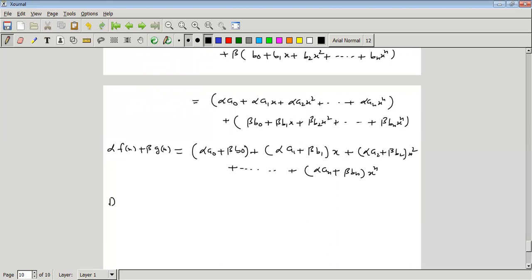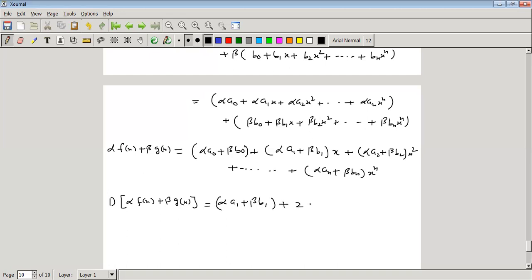If we apply the operator D on alpha f of x plus beta g of x, what is the output of this? We get the first term, because D acts as a differentiation, a derivative, right? The derivative of a constant becomes 0. Second one, the derivative of x is 1, so it becomes alpha a1 plus beta b1.